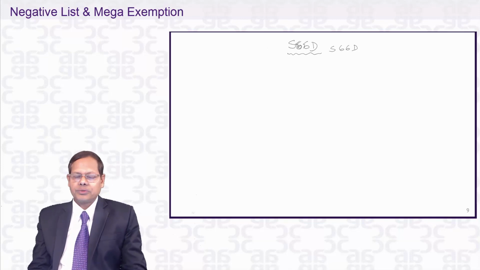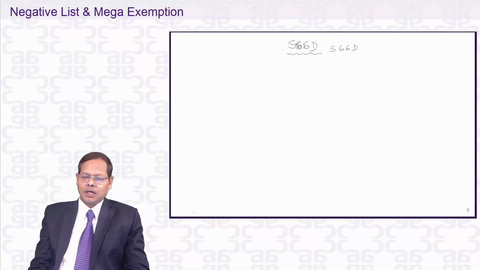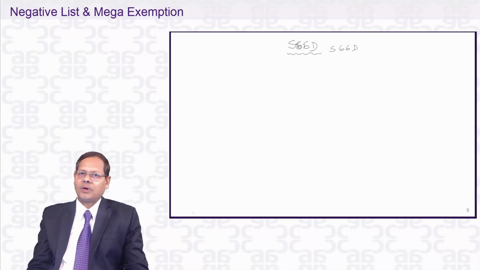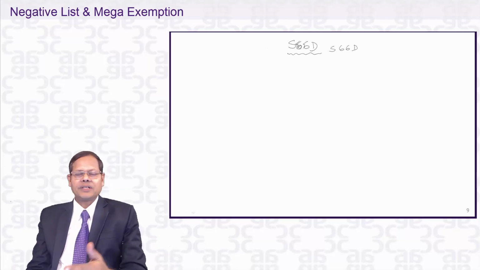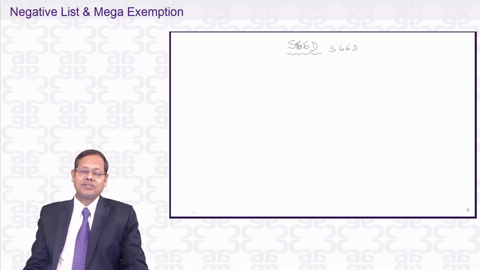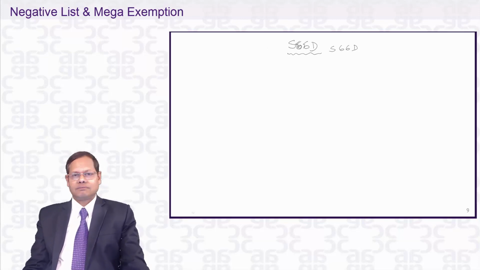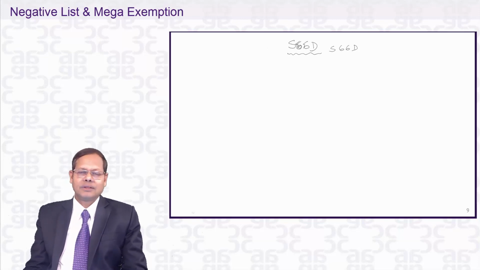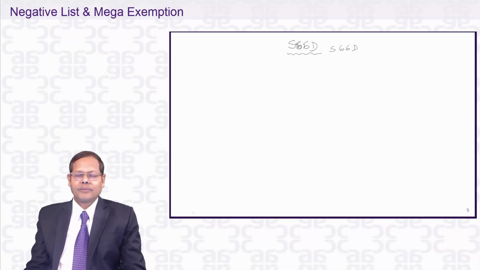The object is to exclude certain services from the purview of the service tax. Though by definition they are services, government does not want to collect tax on them, does not want to even charge tax, even at the charge level. They don't want to charge at all. Collection is a far away thing.